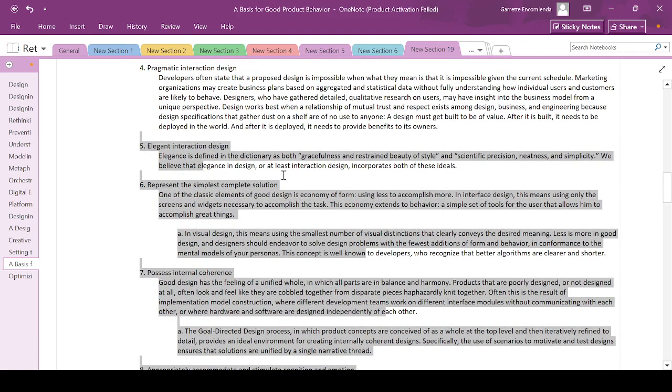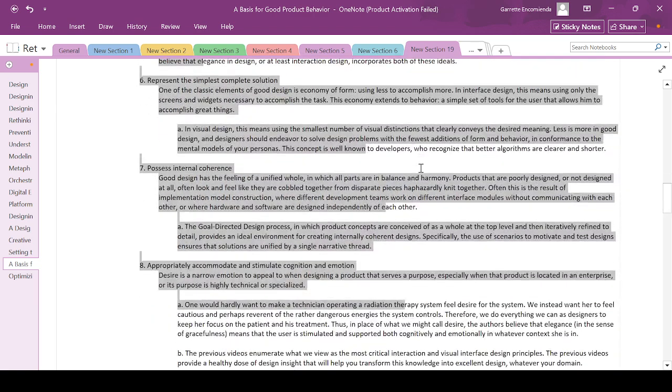Elegance is defined in the dictionary as both gracefulness and restrained beauty of style, and scientific precision, neatness, and simplicity. We believe that elegance in design, or at least interaction design, incorporates both of these ideals. So again, scientific precision is actually included in beauty, and represents the simplest complete solution.